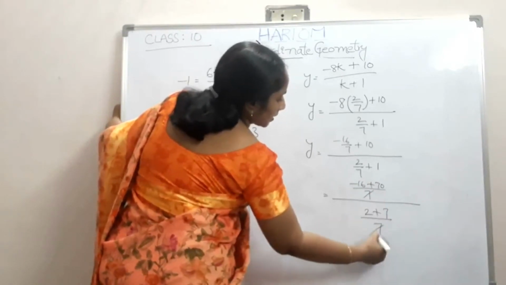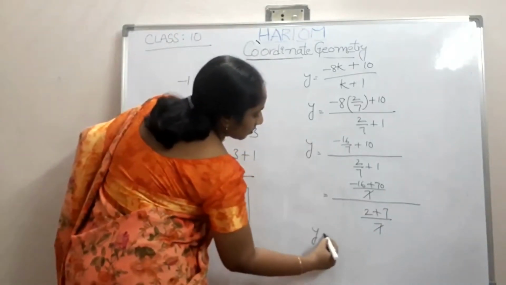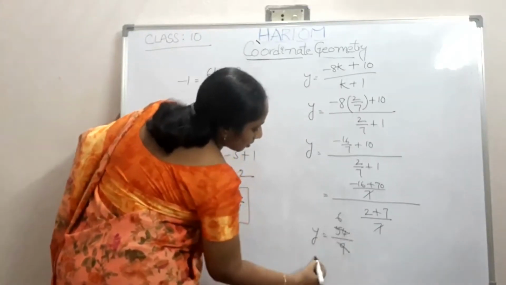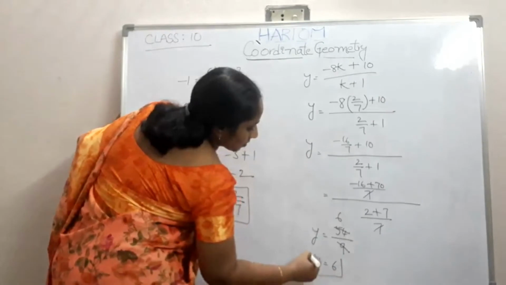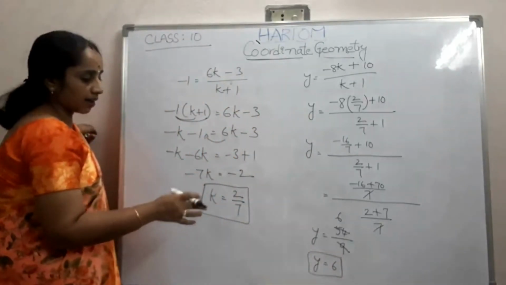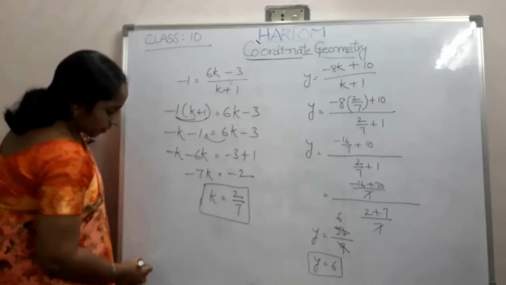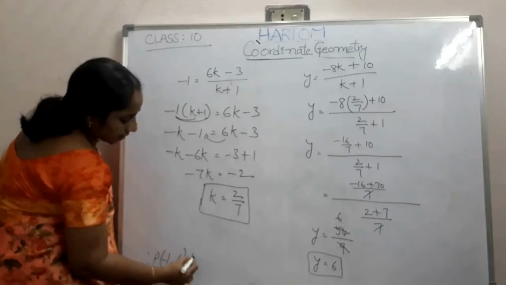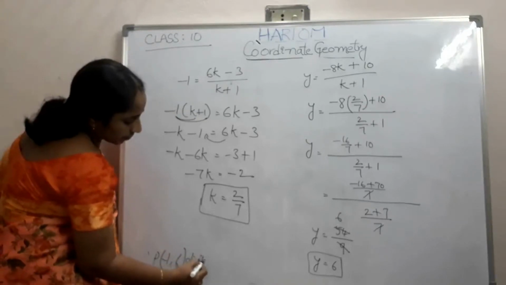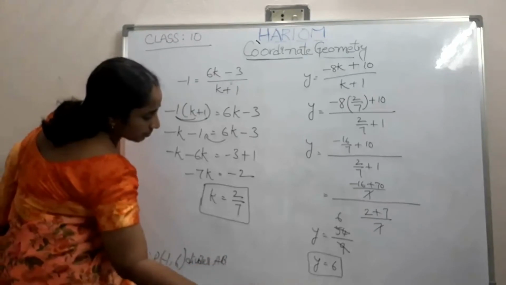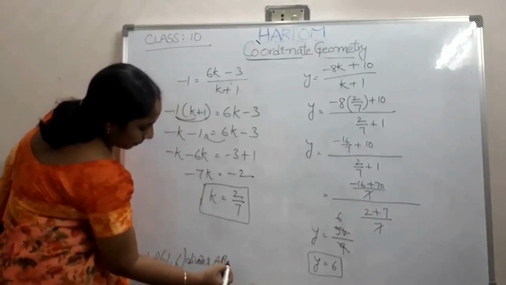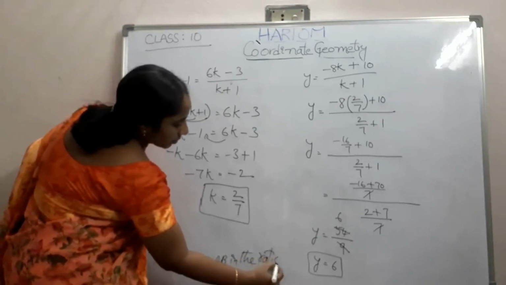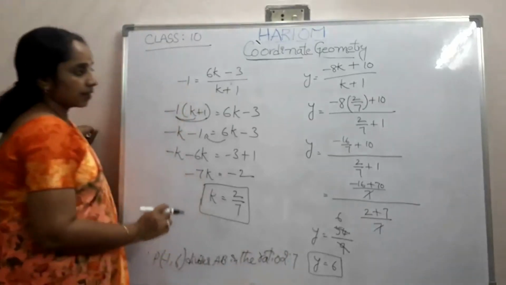This 7 gets cancelled. Now y is equal to 54 by 9, and 9 sixes are 54, so y is equal to 6. So in P of minus 1 comma y, y is 6. Therefore P of minus 1 comma 6 divides AB in the ratio 2 is to 7. Understood?